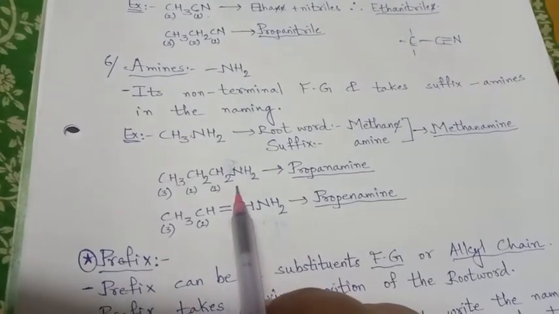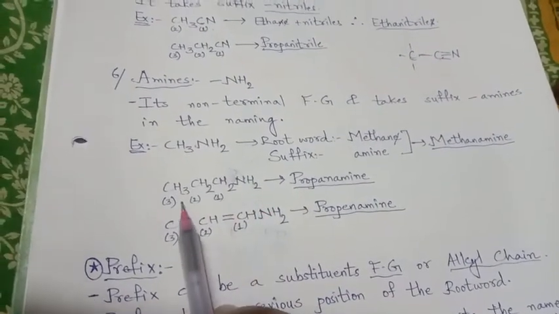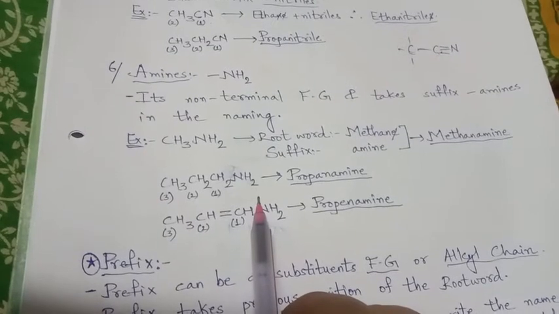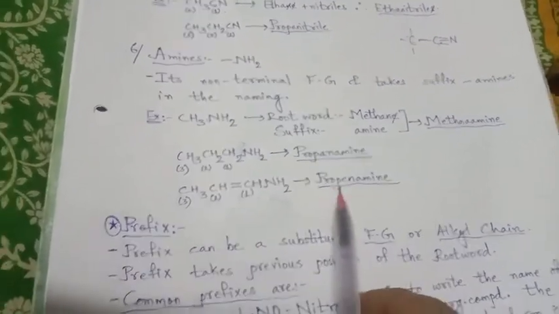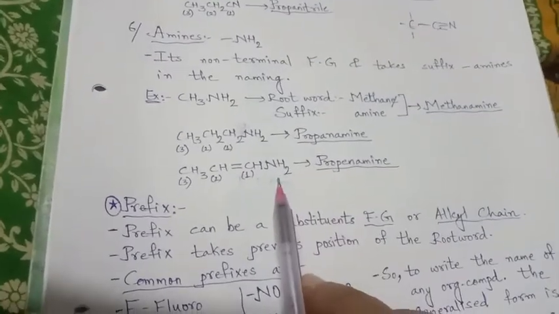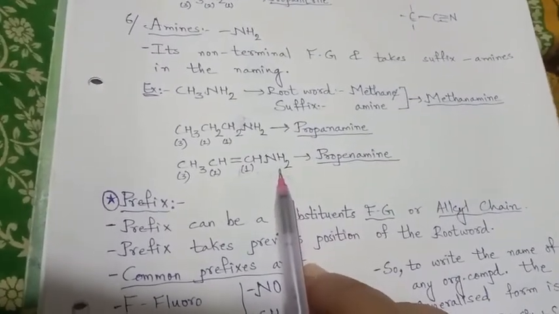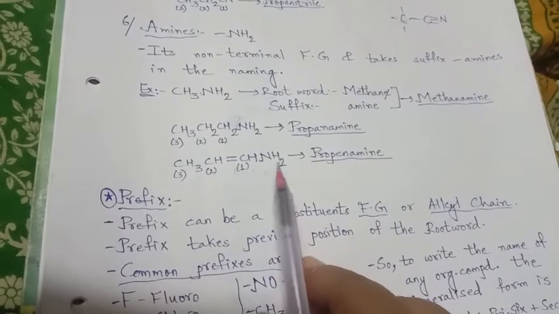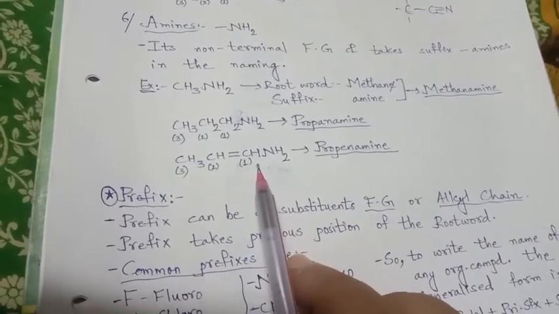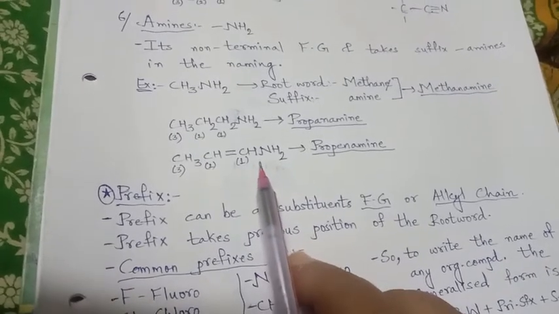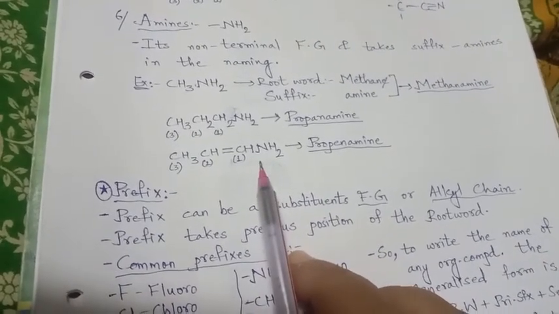Why am I telling this? Because here we are discussing only the linear chain and only a single group. But when we proceed further and complete all the rules, one organic compound may consist of 2 groups, 3 groups. At that time we will have to see the most active functional group, and from there the numbering will take place, right?